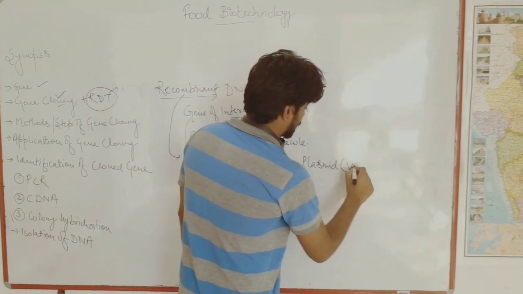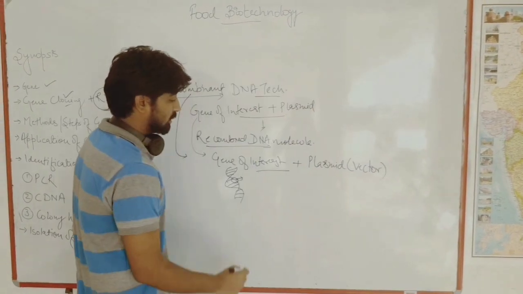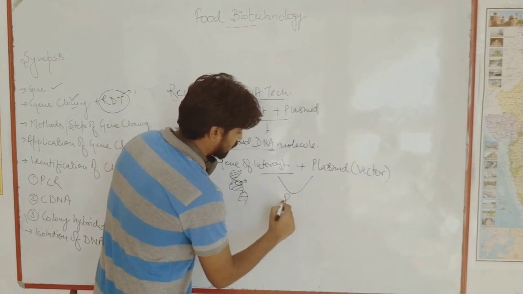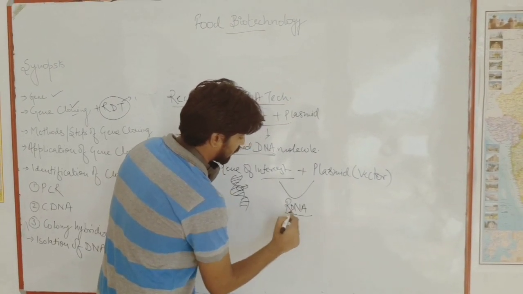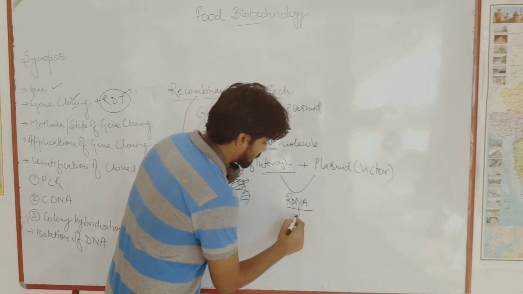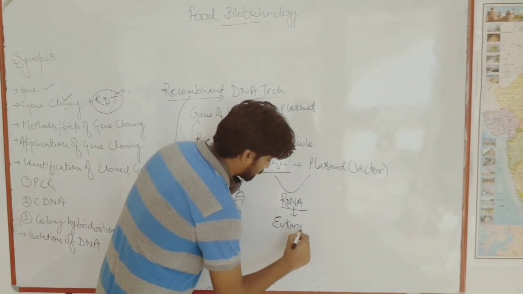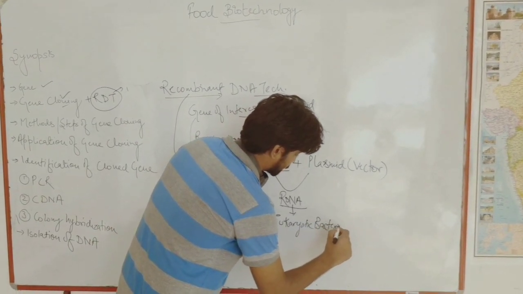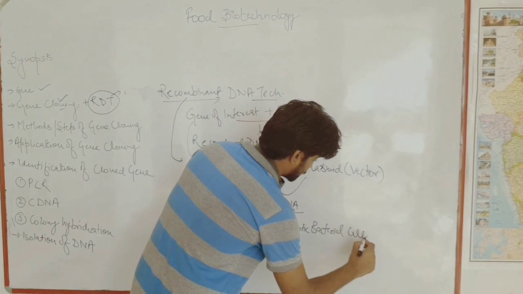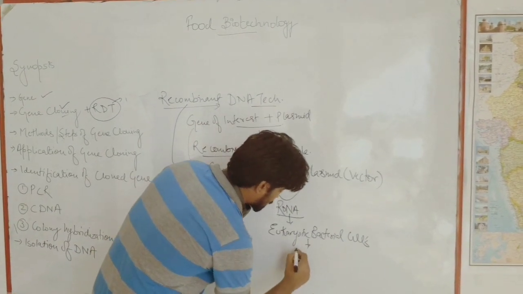Plasmid is a vector molecule which will carry this gene of interest to the cell. These two combine to form the recombinant DNA, rDNA. That rDNA will be transferred into the bacterial cell for replication.